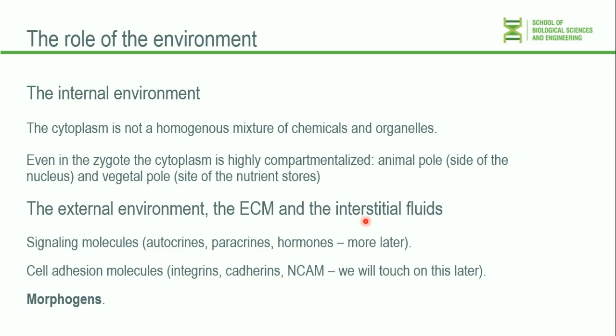And it's easy to see how. There are obviously signaling molecules, and this includes, amongst others, hormones. We'll talk about those later. There are cell adhesion molecules. We'll talk a little bit about those next lecture. Cell adhesion molecules are also important in the process of differentiation.